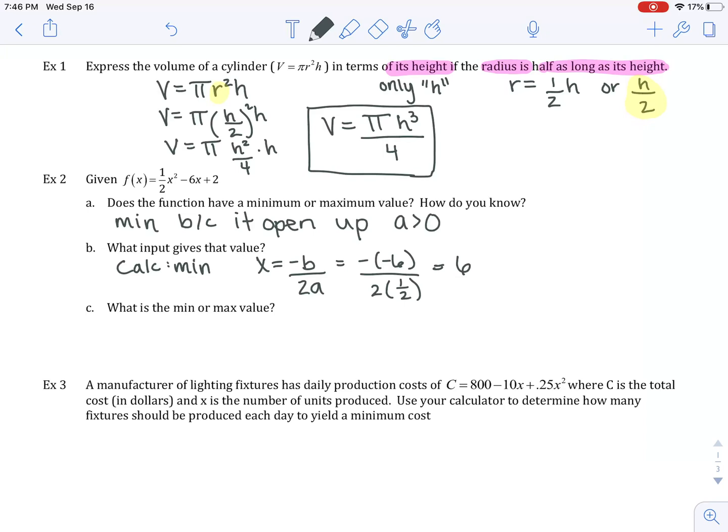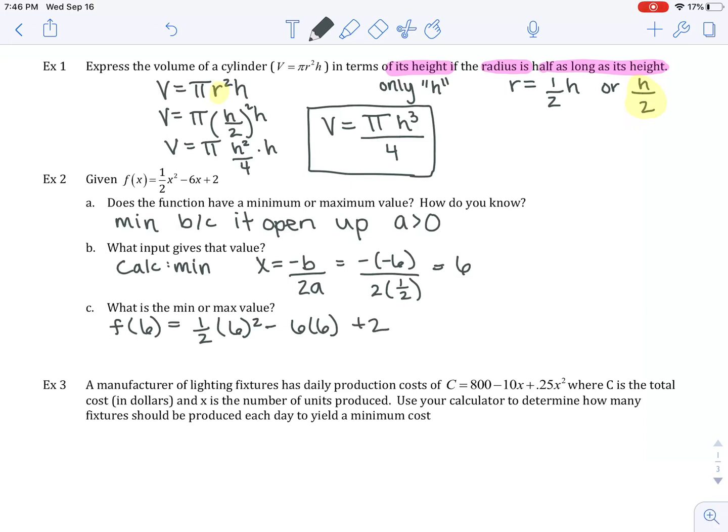Okay? So when I ask for the input, I want the x value. What is the min or max value? Now you're going to use your x coordinate to find the y. Or if you already graphed it, you already know what the y is, okay? But if you did go by hand, I would just be plugging my input into the given function to see what my output is.